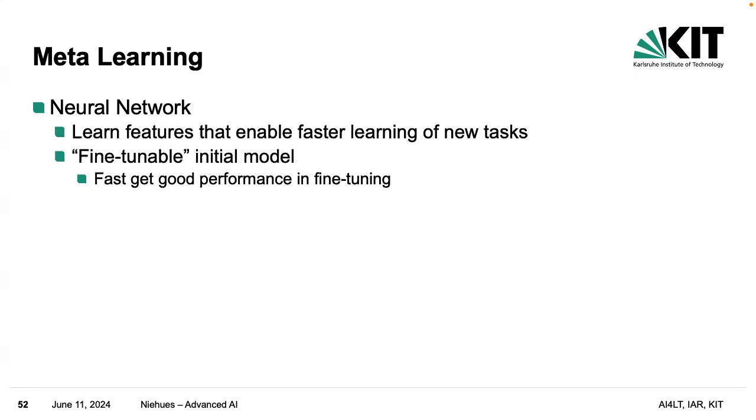There is a general framework, and especially for neural networks, it mainly means that you try to learn a new task with your initial model. So you want to have a fine-tunable initial model. Again, the idea is, what is a good initial model so that you can quickly learn new tasks.